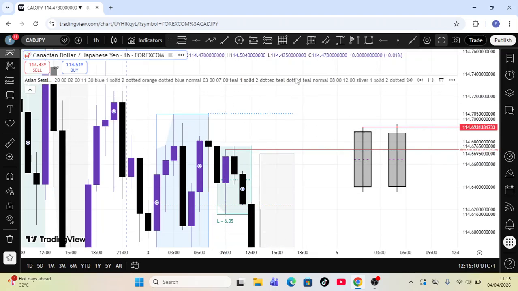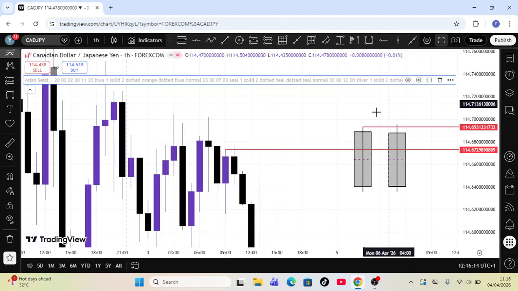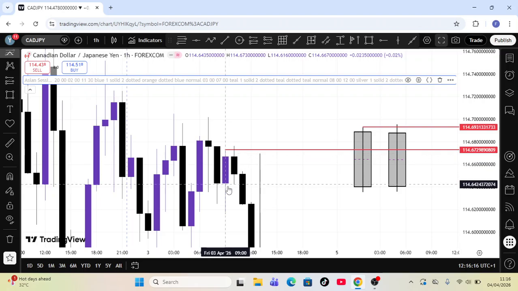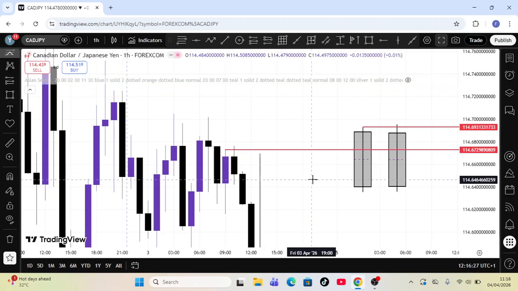Let me close this indicator and we will see it well. You can see it over here. This was a bullish candle, and this candle swept it.